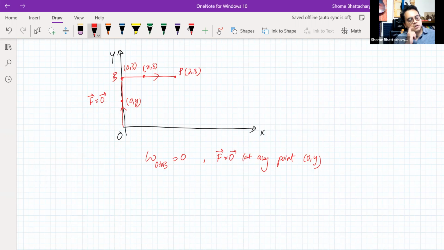So the force will in general have a value like this now: 6 alpha x i cap plus alpha x square j cap.